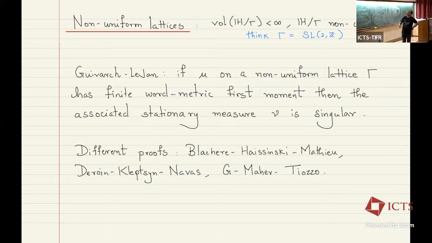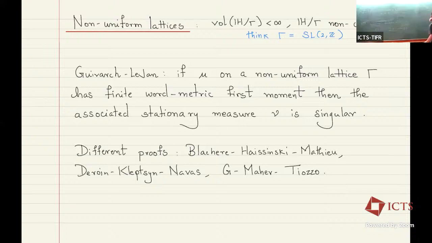So if you take a measure on this group which has a finite word metric first moment. You can fix some generators for this group that define a word metric on the group, and then this is a moment condition with respect to that. Roughly speaking, if you press me to write down the moment condition, it will look something like this.